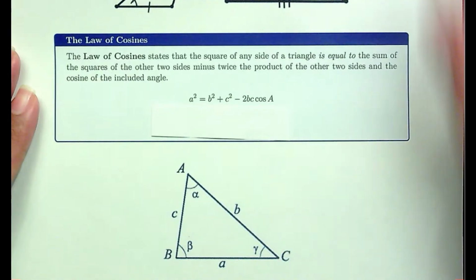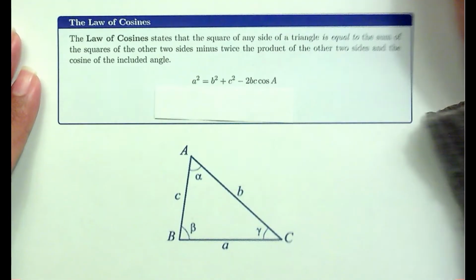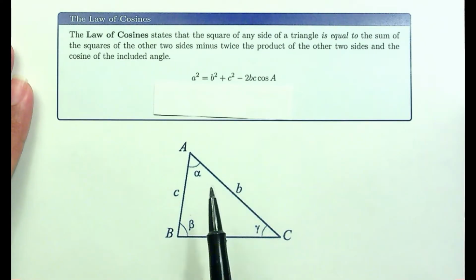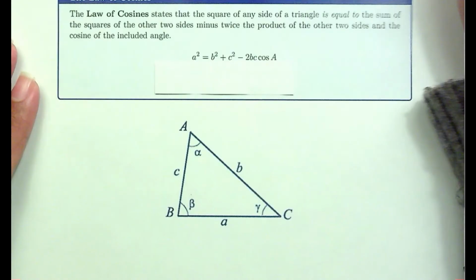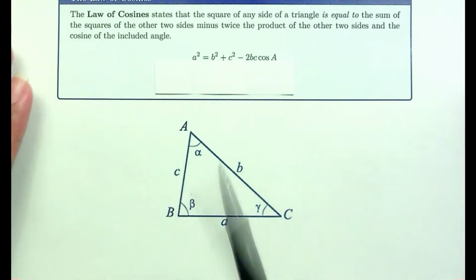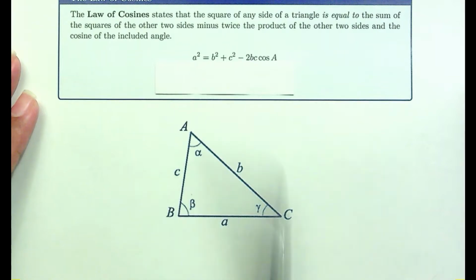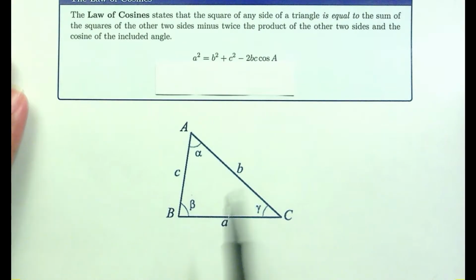Alright, so let's look at a triangle and explain what the law of cosines says. As I said, it is basically a generalization of the Pythagorean theorem. If you have a triangle like this, you can think of any of the three sides as your "hypotenuse."